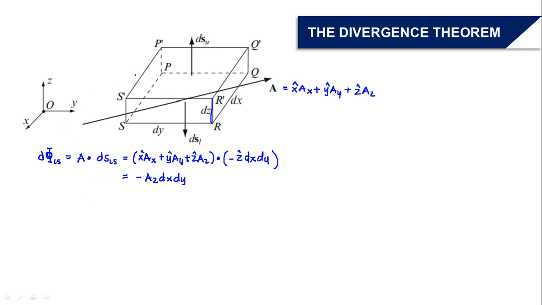Sa taas naman, sa upper portion naman, so normal to the surface is in the positive z direction naman yan. And yung ating component a sub z of vector A changes by amount d sub a sub z. Therefore, yung ating a sub z plus a particular change in a sub z is equal to, of course, a sub z plus the partial derivative of a sub z with respect to z dz.